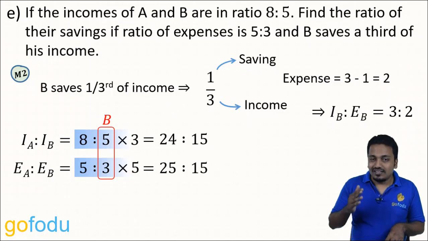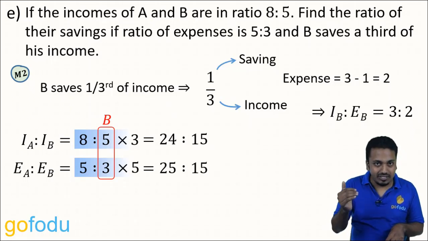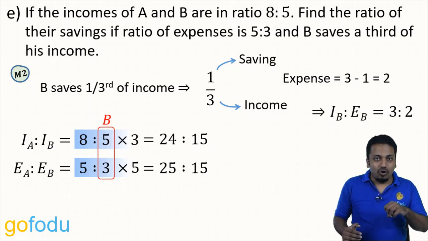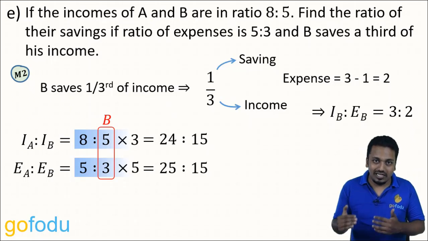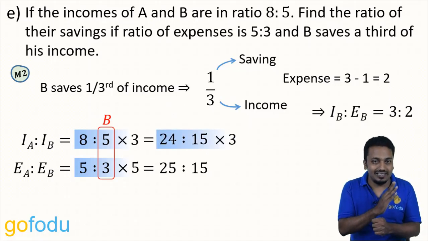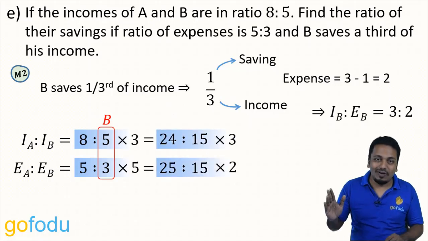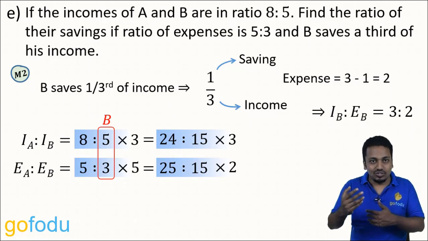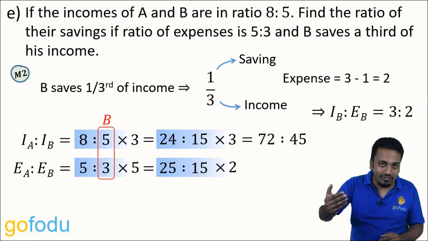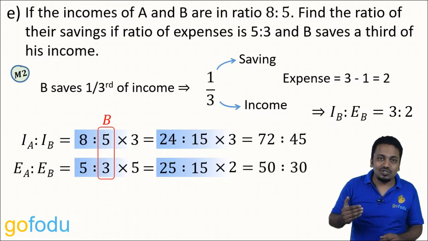Now the second term is the same in both the ratios, and we want the second terms in a 3:2 ratio. So we'll multiply the first ratio throughout by 3 and the second ratio throughout by 2. The scaled up ratios will be 72:45 and 50:30.